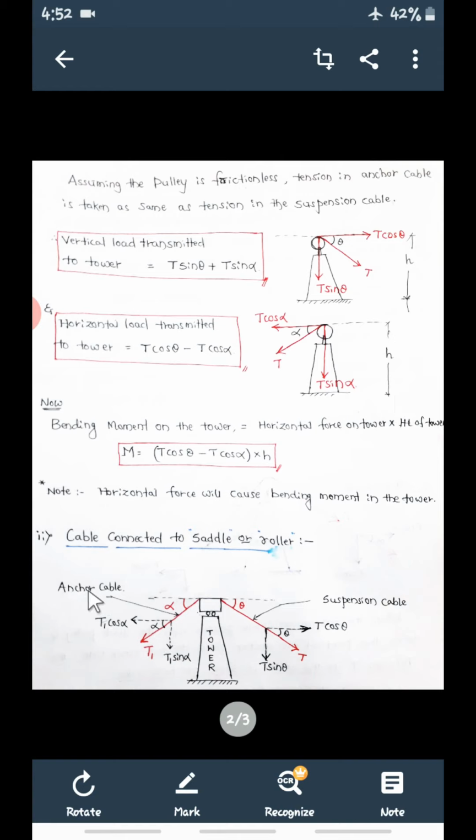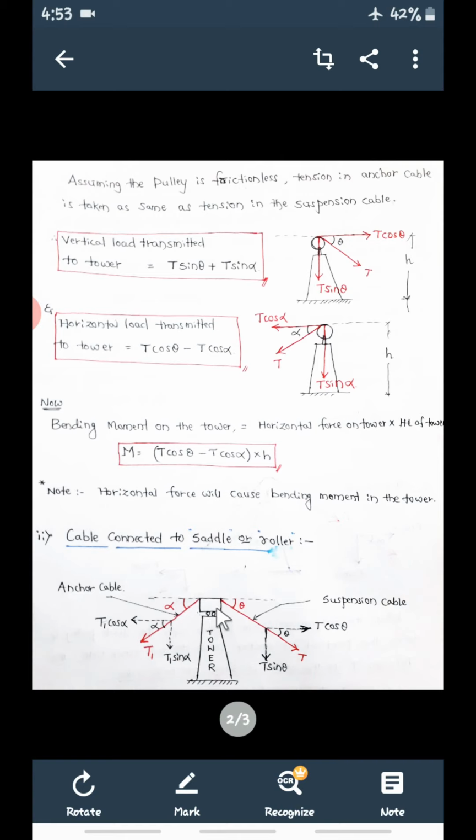Okay, now the second condition we are going to take is the cable connected to the saddle or roller. So see this condition. Same tower, this is the suspension cable, this is the anchor cable, but see here the arrangement is such that there is no pulley like this. Over the tower, rollers will be there.